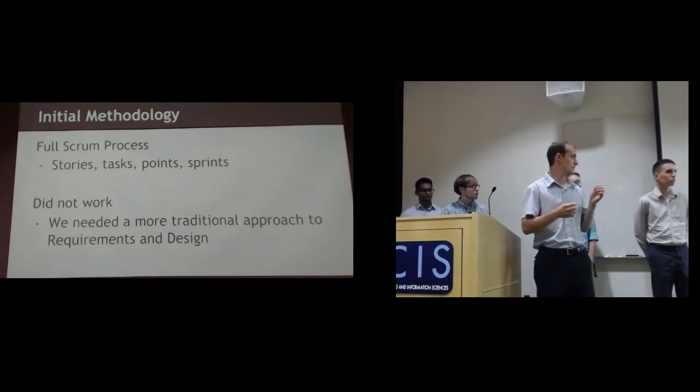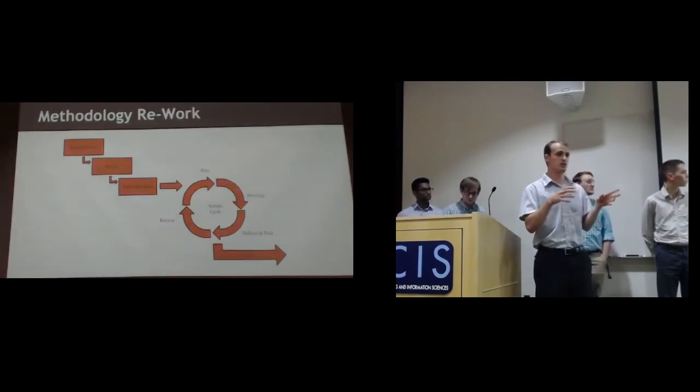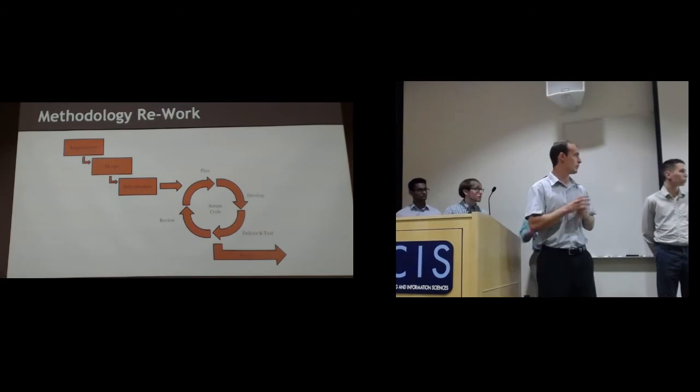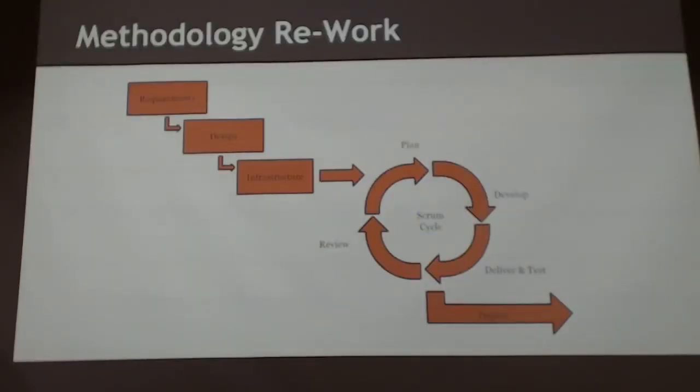So we adopted a bit of a change to the usual Scrum, where we took the first couple stages from waterfall. So we really hashed out the requirements at the beginning in a linear fashion, and we progressed to design. The infrastructure stage, which is on this chart because this is the first time this team has been working together, the first time we've been working with the customers, and the first time we've been working with a lot of the technologies.